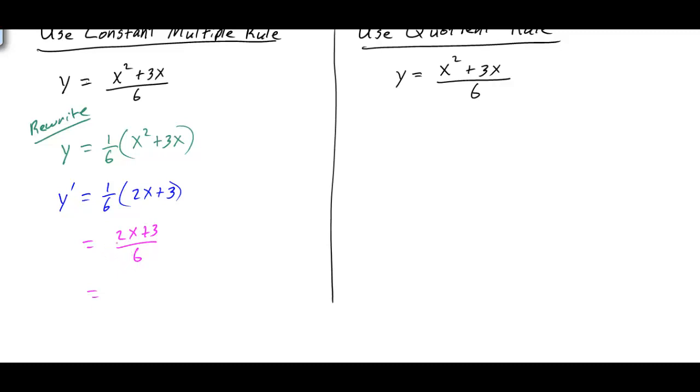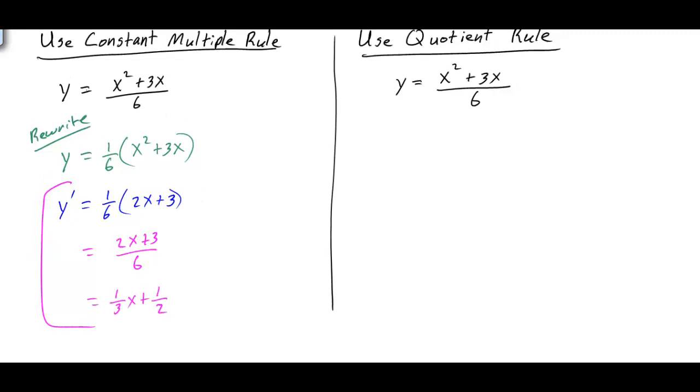And if we did that, we would end up with 2 over 6, which is 1/3 x plus 3 over 6 reduces to 1/2. Okay, so really here, any of these answers would be perfectly fine. So that's how we could look at this problem using the constant multiple rule.